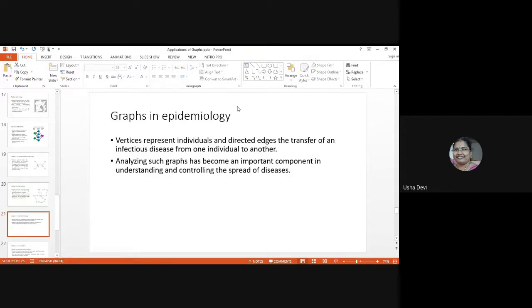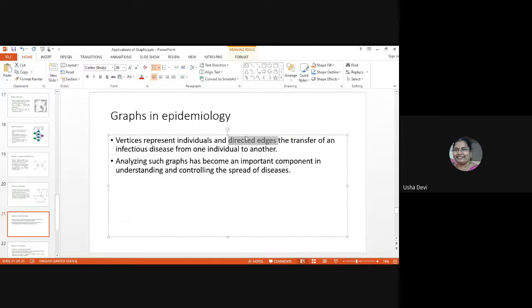Then graphs in epidemiology. Here we have so many infectious diseases, and every individual may be one kind of user or person. Then you may represent directed edges. This will also be the best example for directed graphs, and you always have to specify the directed edges.